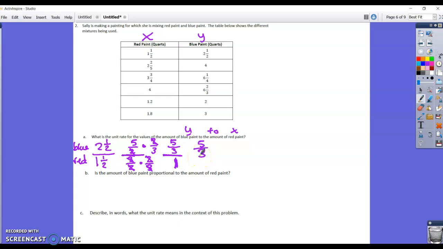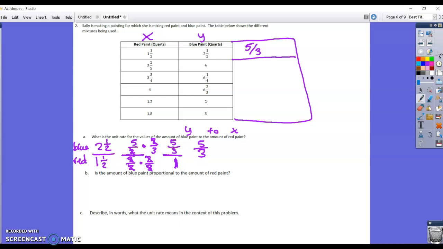Is the amount of blue paint proportional to the amount of red paint? So when we divide each time, would we get the same answer? So remember, we have to have a constant. So in the first one, it was 5/3. So I'm looking at this and I'm deciding I don't necessarily want to do division on fractions for every single one of these.